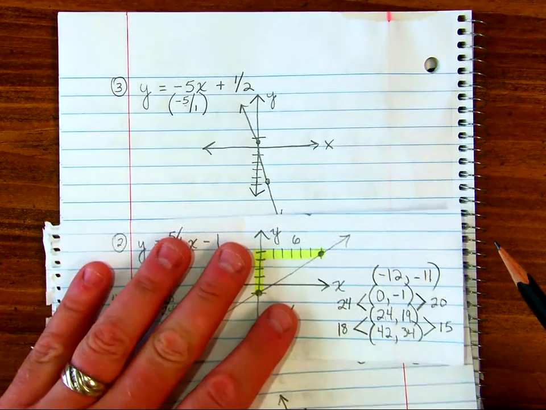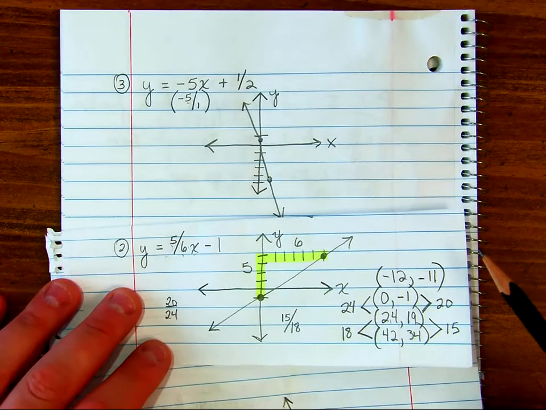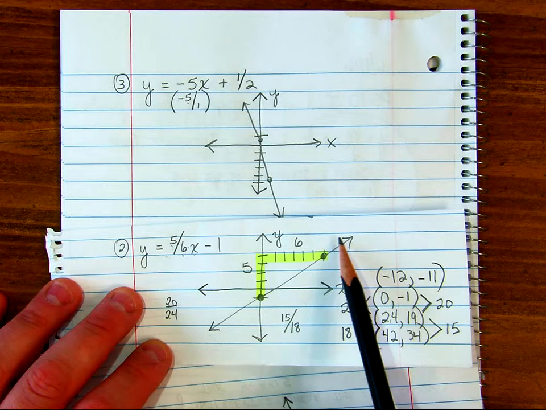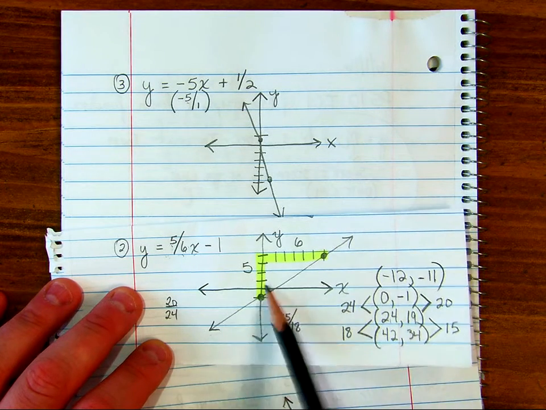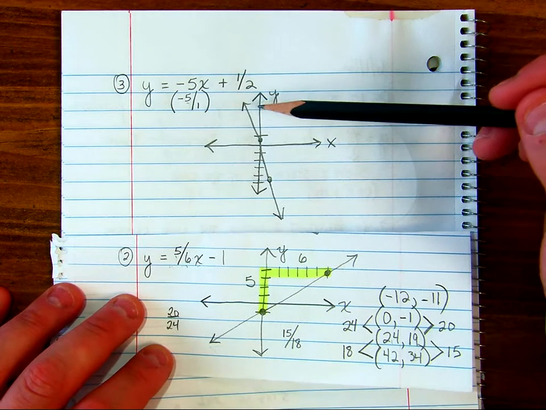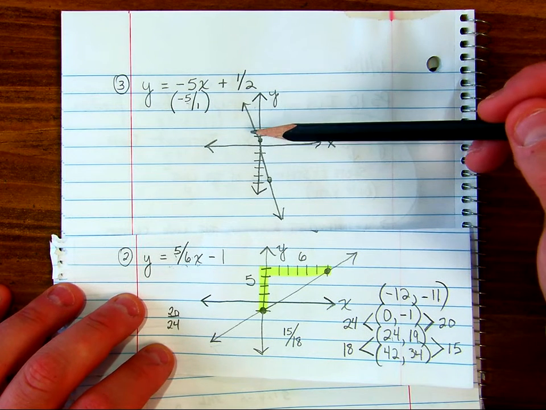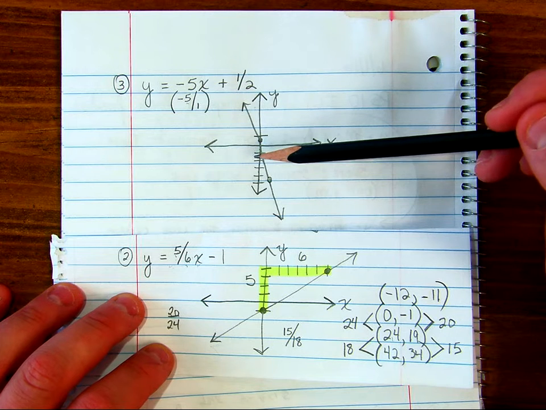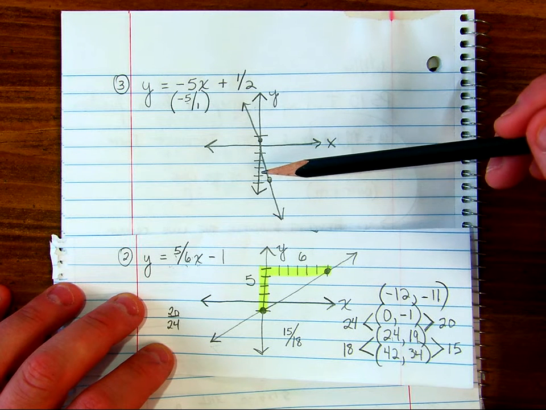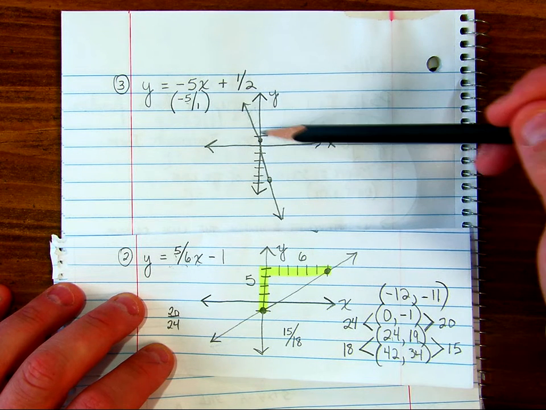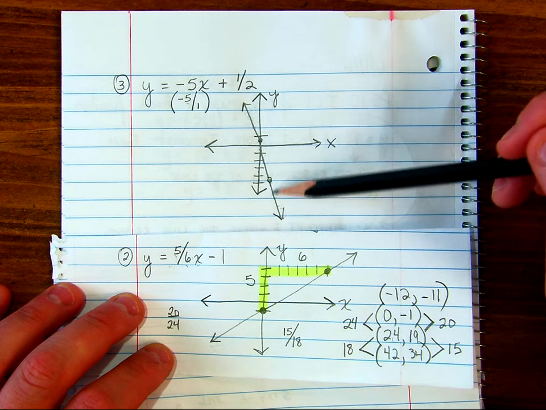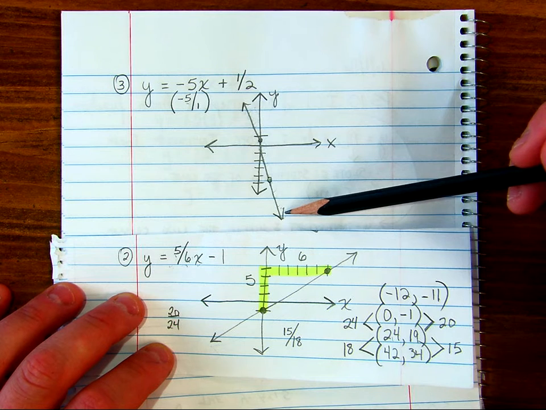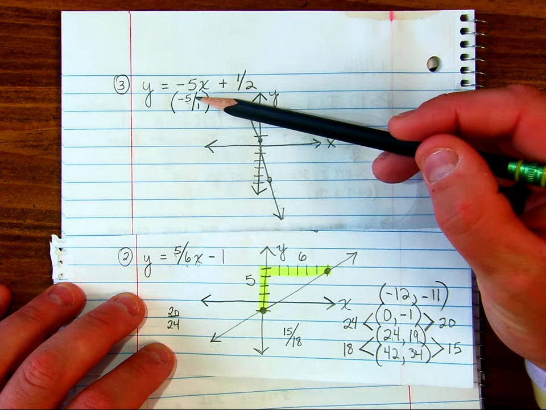Now look at how steep these are. There's a good chance I could ski down this hill. There's a good chance I would fall, roll, and become a huge snowball going all the way down this one. This hill is a lot steeper because the slope is bigger. 5 is bigger than 5/6.